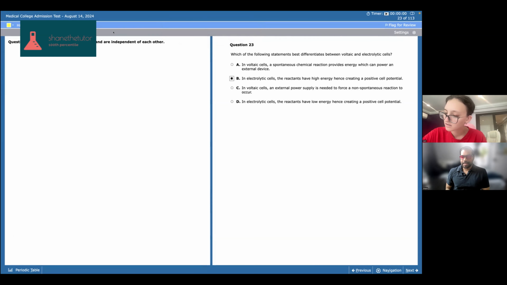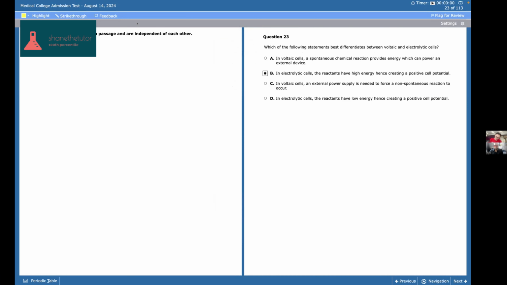So voltaic cells and electrolytic cells. So a voltaic cell, let me do this. Is it based on voltage charge? We said that it was going from anion to cation.